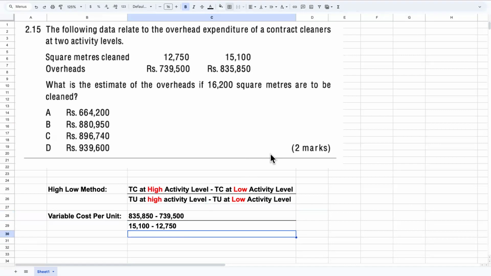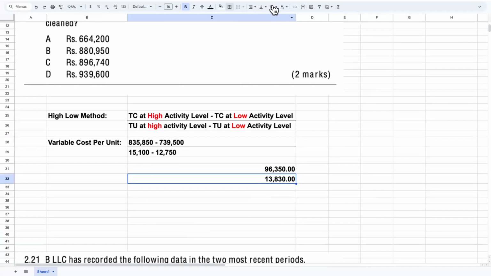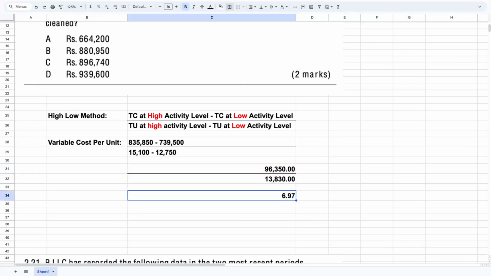So I have replaced the text with the numbers, and then I can end up with the variable cost per unit. So 8,35,850 take away 7,39,500 is 96,350. Then 15,100 take away 12,750 is 2,350. So then we can end up with the variable cost.